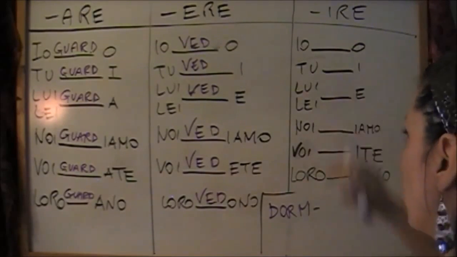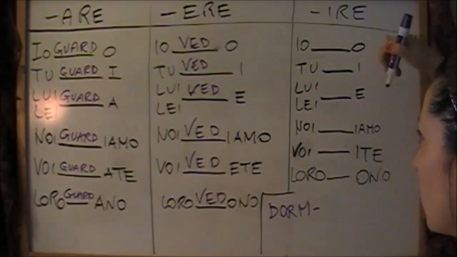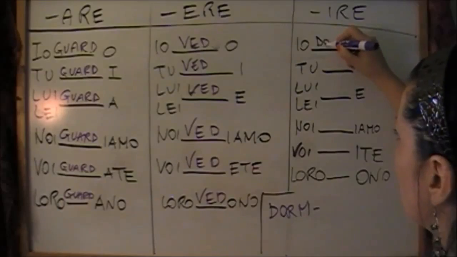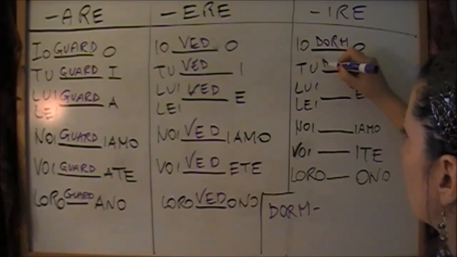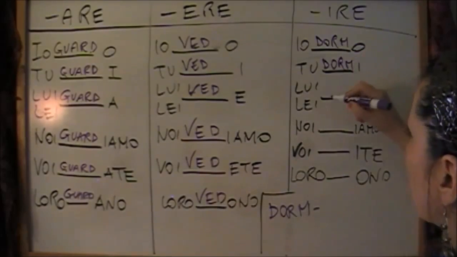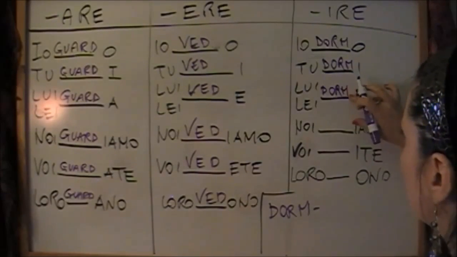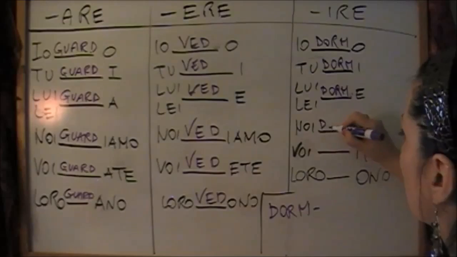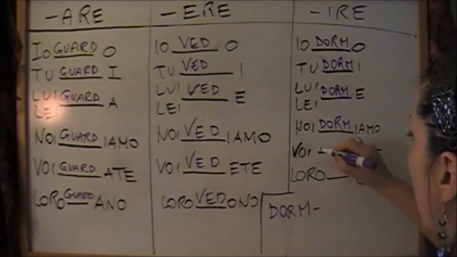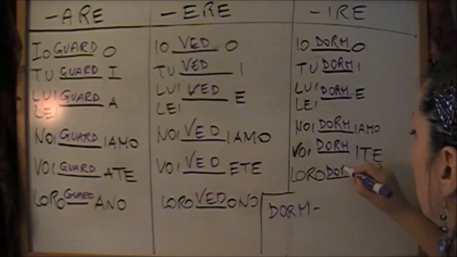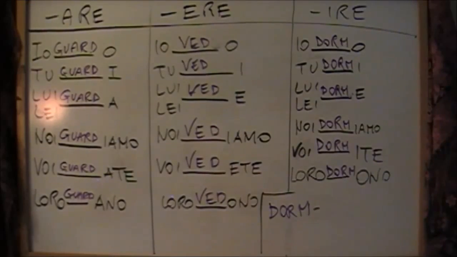The stem is dorm, so you punch it here because it's ending in ire, so you need the pattern of ire. Io dormo, tu dormi, lui, lei dorme, noi dormiamo, voi dormite, loro dormono.